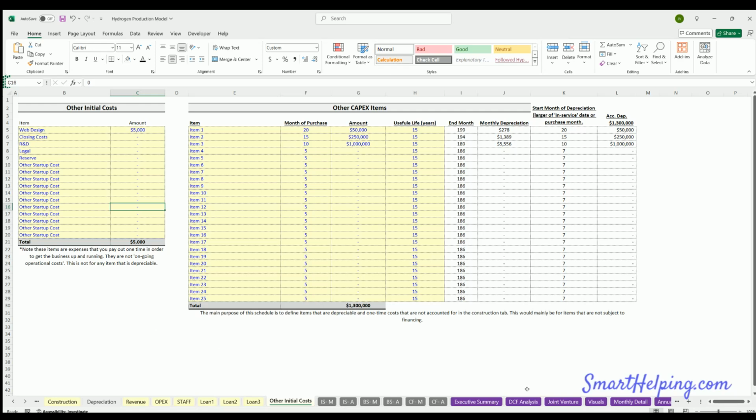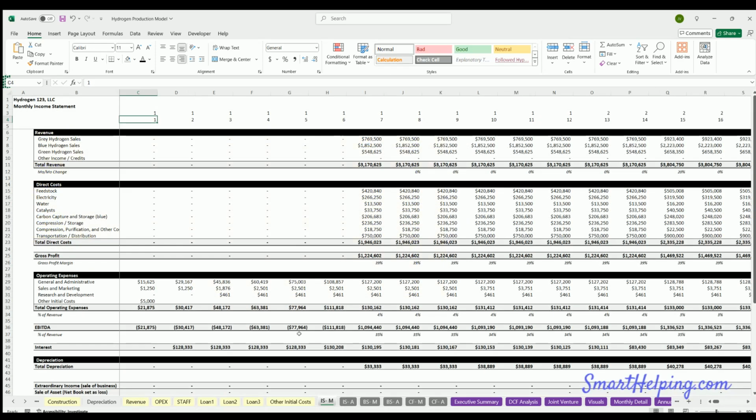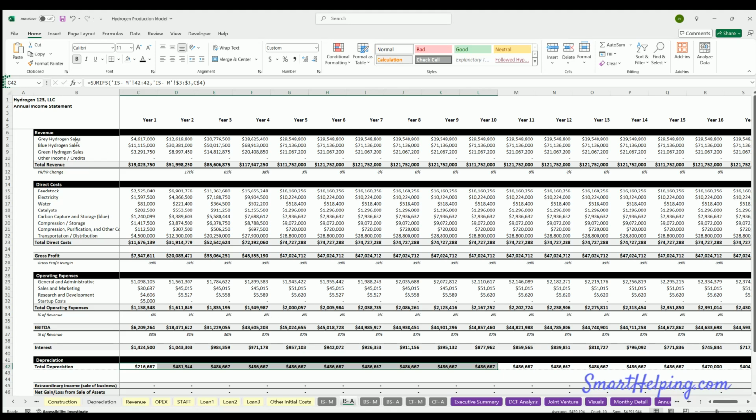Okay, well, that's all the assumptions. Now we get into the income statement. So here's our monthly and annual income statement. You can see our sales by hydrogen type, total sales, total revenue, and direct costs. Based on all those different assumptions for the different types, we have feedstock costs, electricity, water, catalysts, carbon capture, compression, purification, transportation, total direct costs, and then we can see what our gross profit is: revenues minus variable costs.